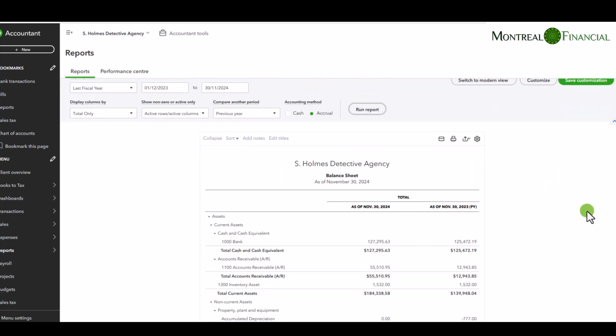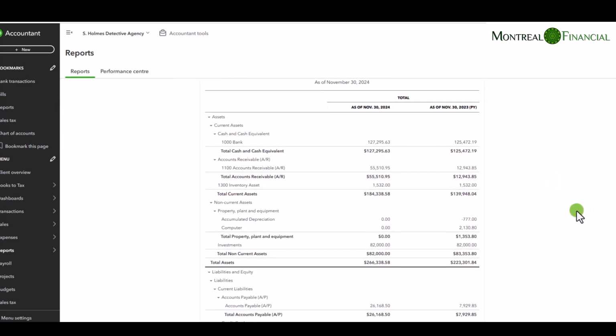Okay, so the layout of the balance sheet is consistent and is the same no matter how small or large your business is. The line items might be a little different, but we always start with the assets. And within the assets, you have specific categories.